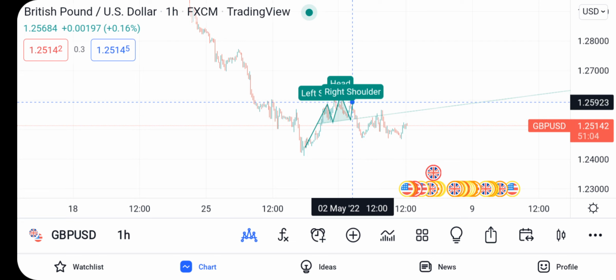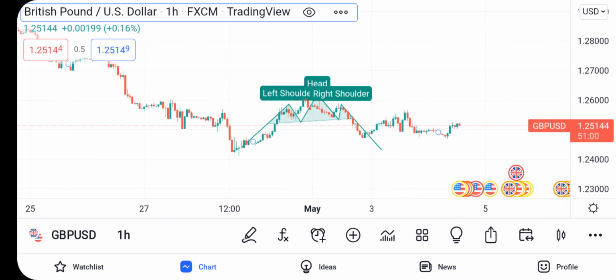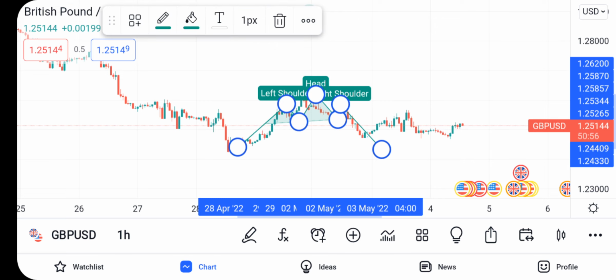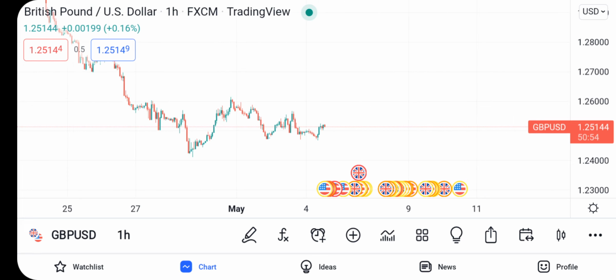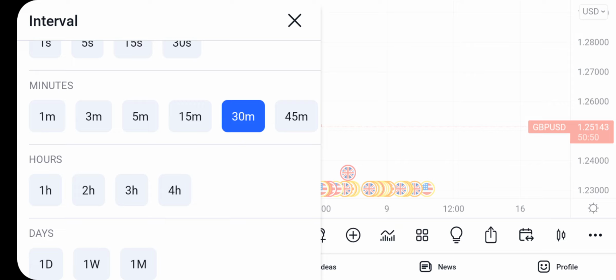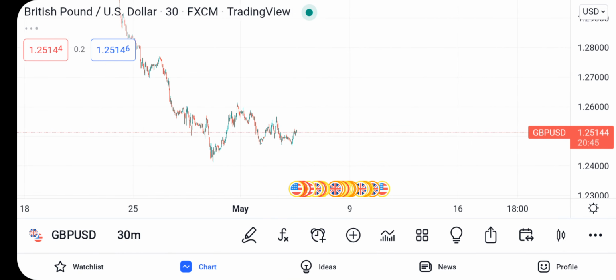Okay, this is what I'm seeing. That was my head and shoulders there. Okay, so I will delete it also. So this head and shoulders, I think, is more clear on 30 minutes, if I'm not mistaken. If you can see that clear, I think it's more clear there.